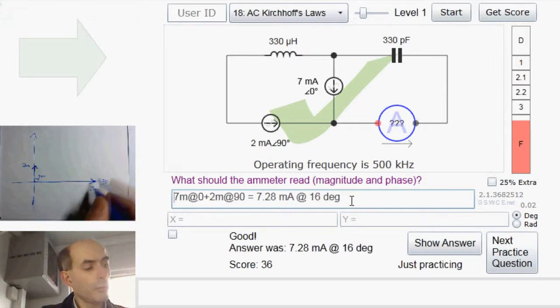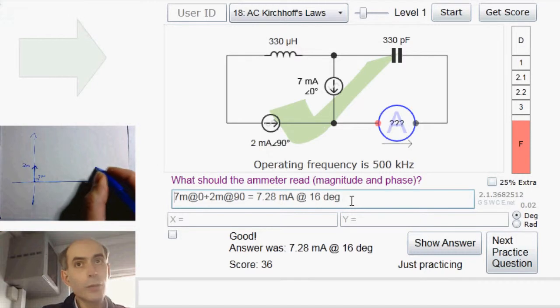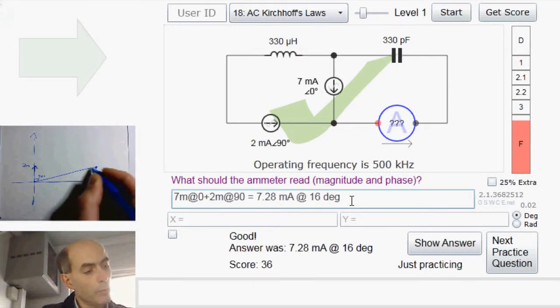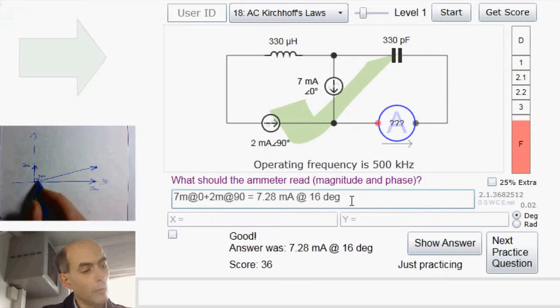The phasor sum of those two would be that point here. And if I draw that line in, you should find that the length of this phasor is 7.28 milliamps, and the angle is 16 degrees.